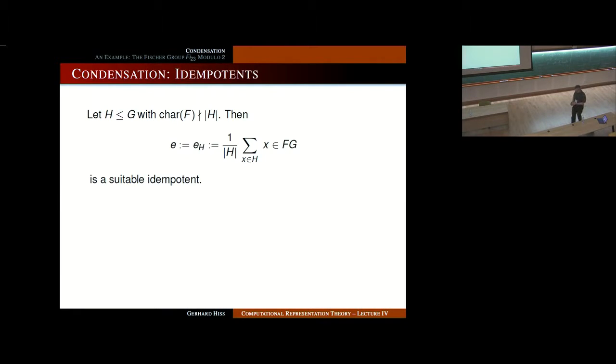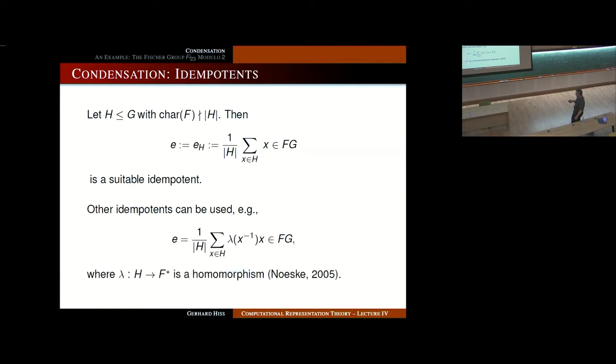So this makes it not so clear which idempotents to choose. For example, you can take an idempotent which corresponds to a linear, to a one-dimensional representation of the subgroup H. So you would take this as an idempotent. This is also quite nice and can be used. So these are the idempotents we use in condensation.